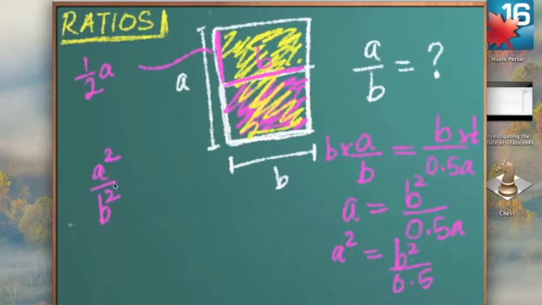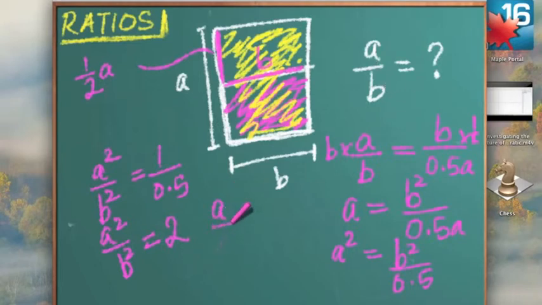A squared over B squared is equal to 1 over 0.5, which is the same as 2, by the way. So A squared over B squared is the same as 2. In other words, our ratio A over B is the square root of 2.